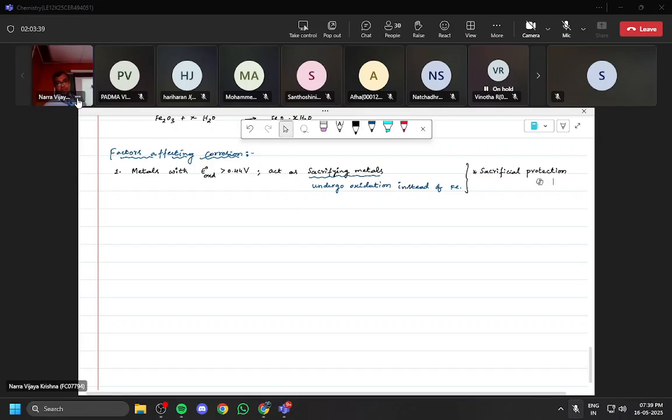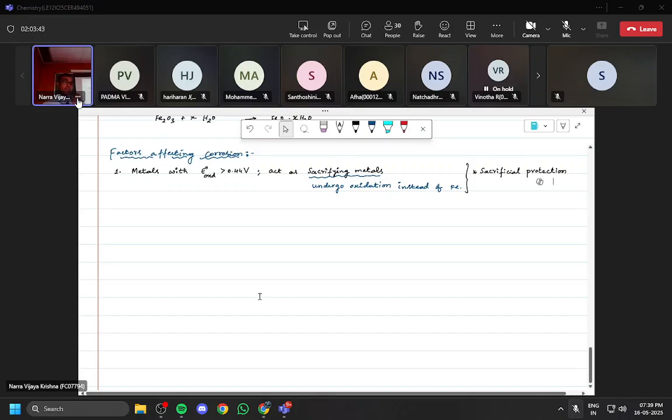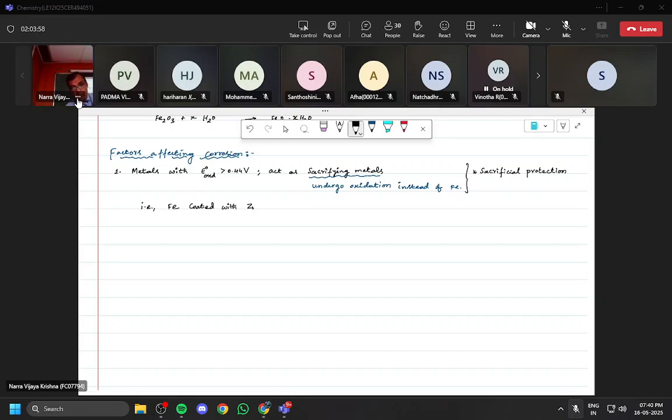For example, if iron metal is connected with a zinc rod, or if iron is coated with zinc, what happened? Iron coated with zinc, we call that process galvanization.